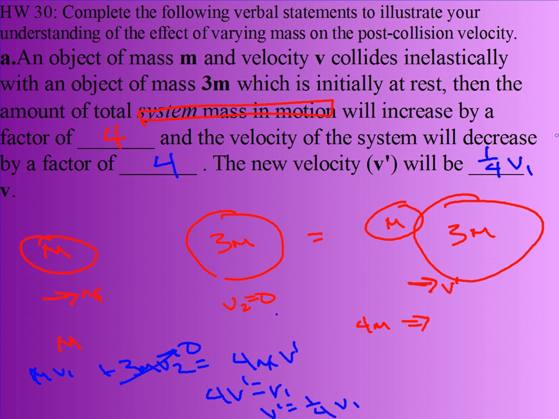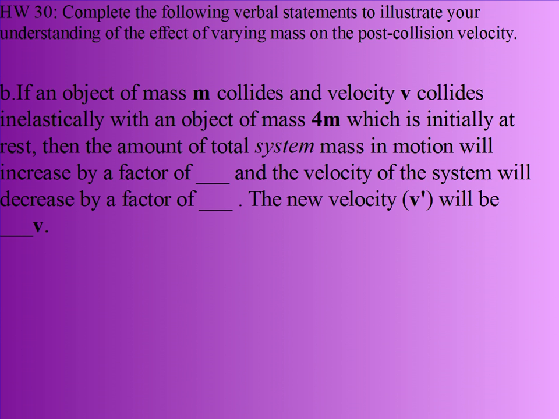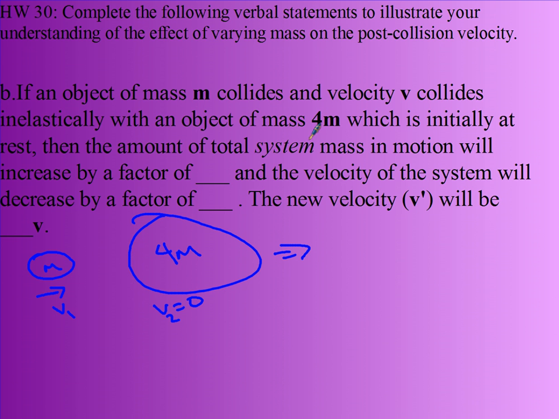This is just a little bit of analysis. What if we change the numbers a little bit? We have mass m moving at velocity v, and it collides with a mass of 4m, which is initially at rest. We have our collision, and it's inelastic, so they stick together. This is m, this is 4m.